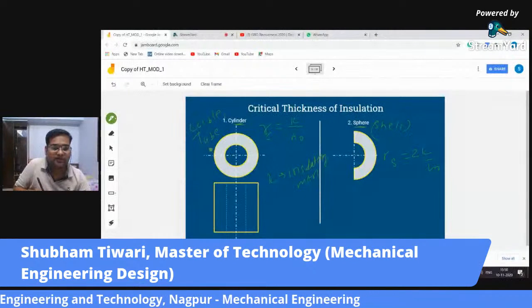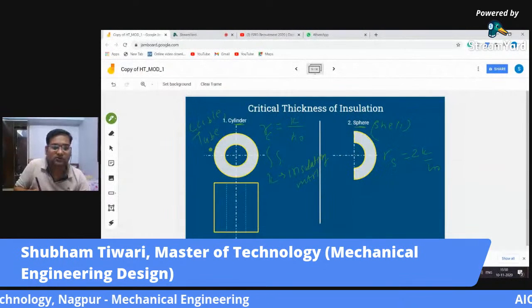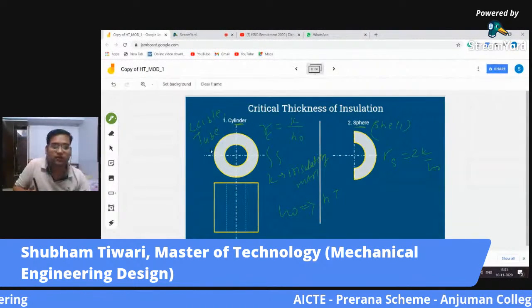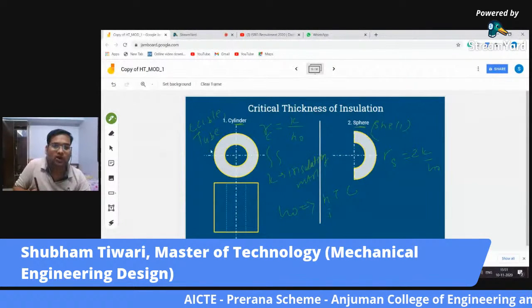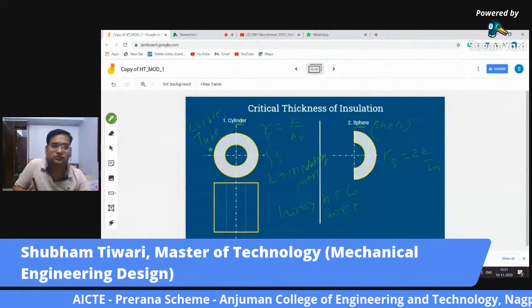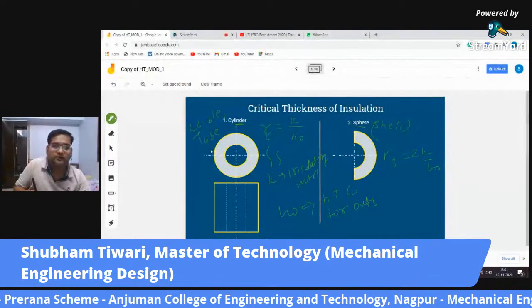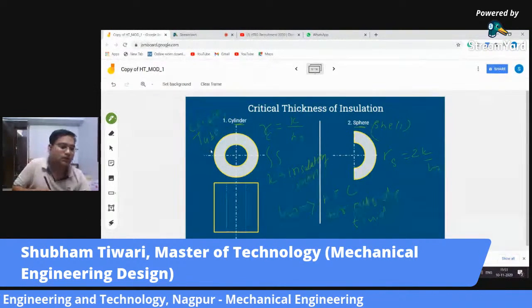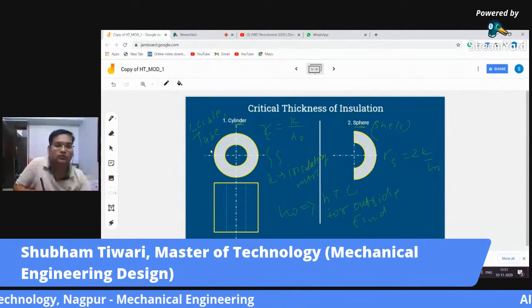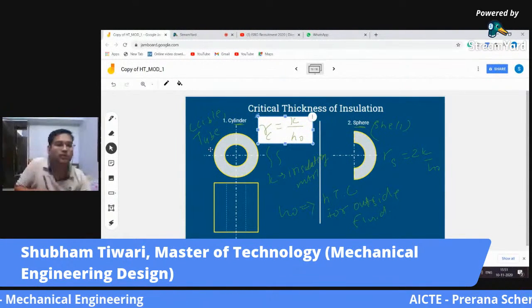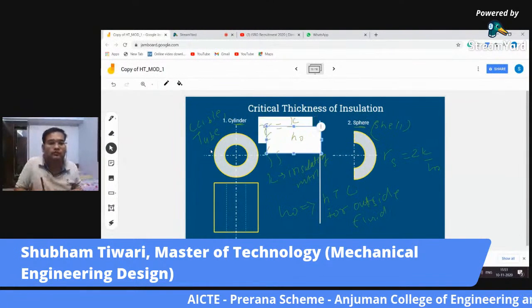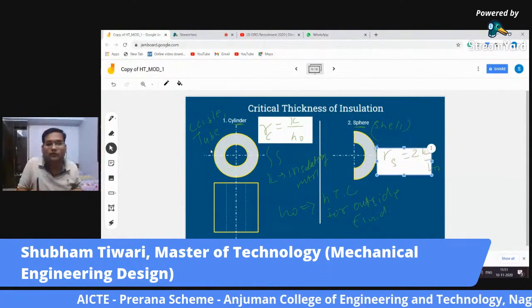and there will be outside air around it. So HO is the heat transfer coefficient for the outside fluid. So again, these two are very important formulas. I will put them here.